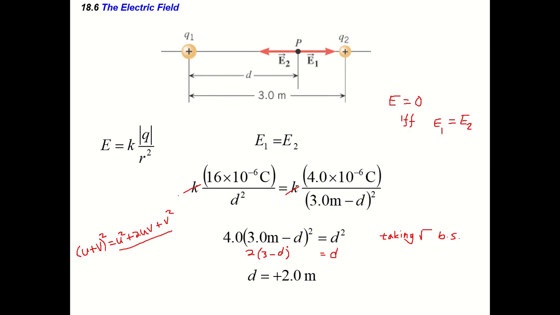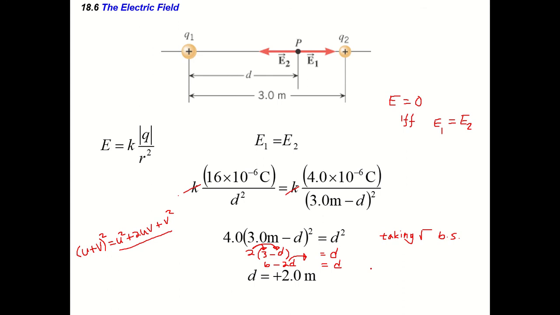Okay, and then you distribute and multiply. So you have 6 minus 2d equals d. Then after that you transpose this to the other side.